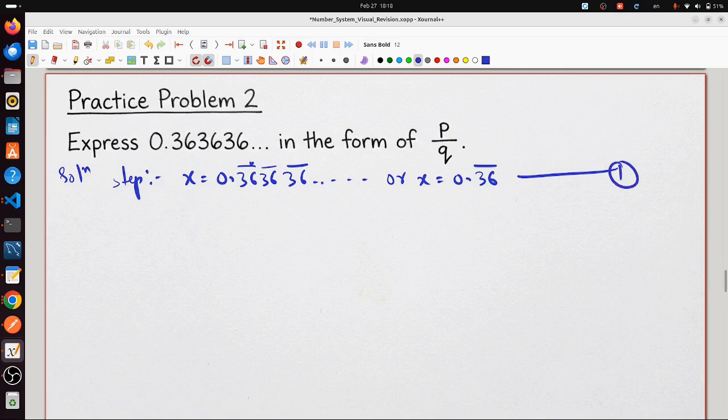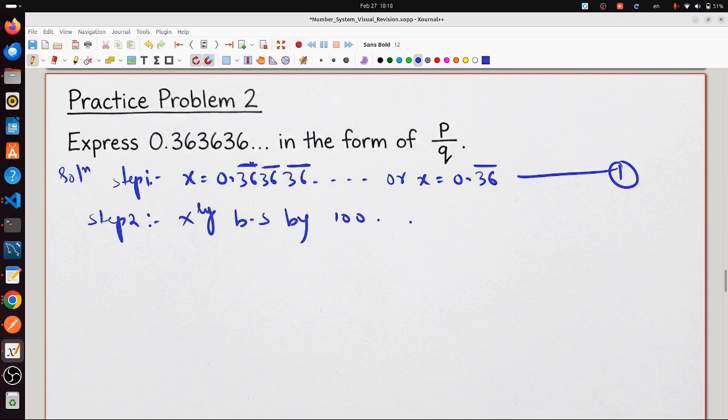Let's take this as equation number 1. Now in step 2, what are we going to do? Multiplying both sides by, remember, 2 digits are repeating, that's why we need to multiply with 100.